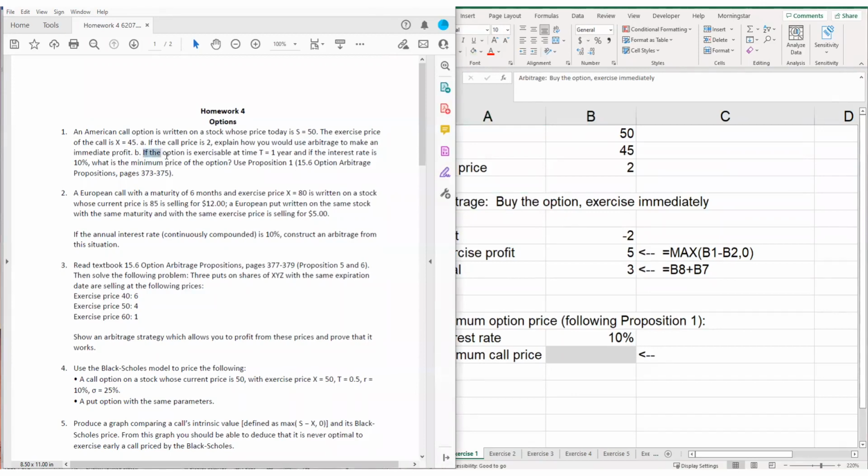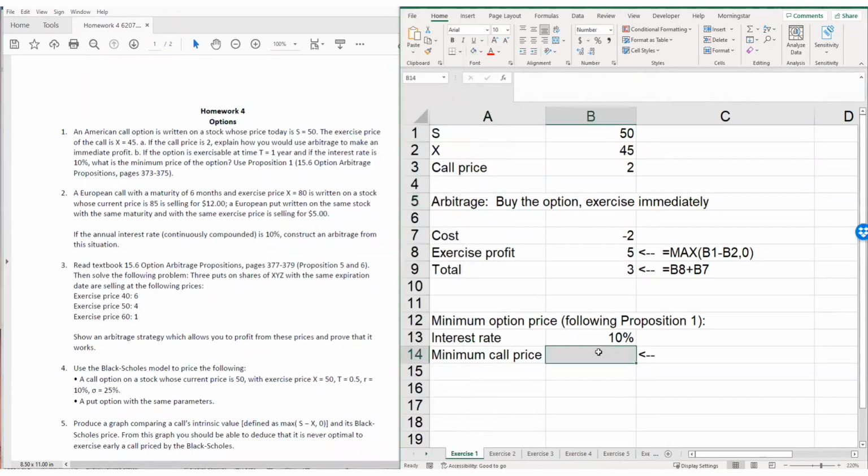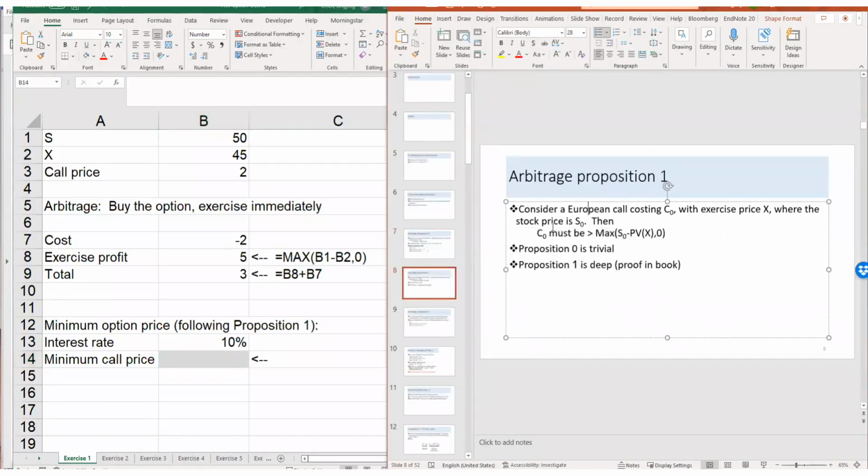So next, if the option is exercisable at time t equals 1 year, what should be the minimum price of the option? So we're going to use the formula here for proposition 1.